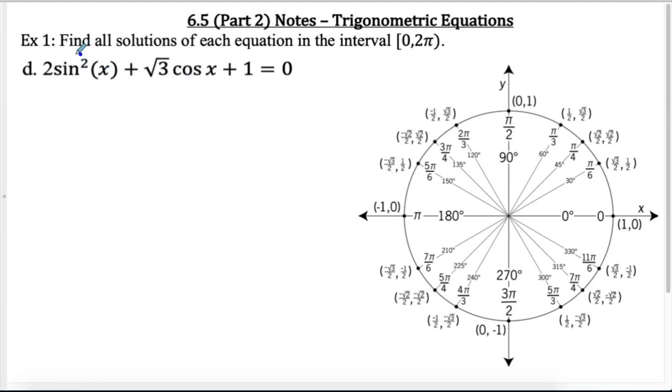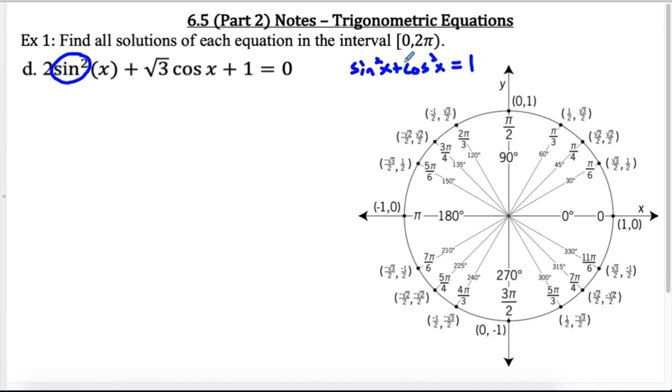Now, we are always going to be working with whatever the squared value is. That's the one that we want to change into the linear function, the one that has a power of 1. So I want to change sine squared and make it into cosine squared somehow. Well, we're going to use our Pythagorean identity, which is sine squared plus cosine squared equals 1.